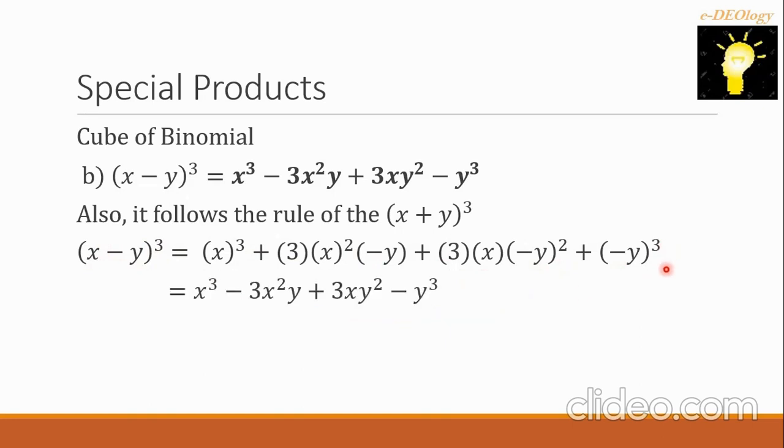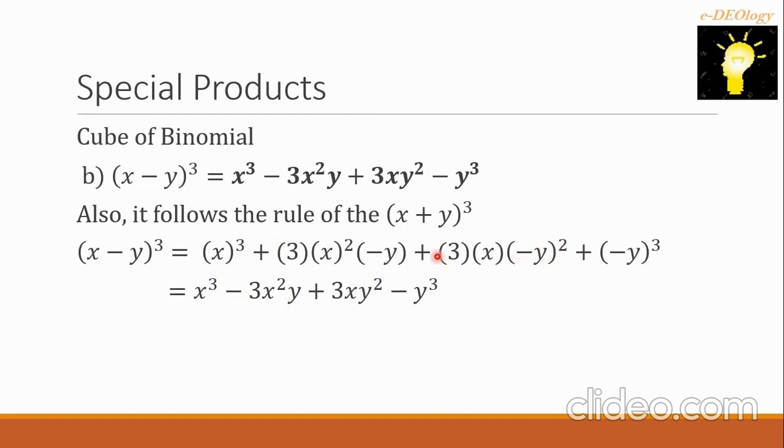Then let us simplify. The first term becomes x cubed. In the second term, the negative sign of the y will be placed in front, so we can see it becomes negative 3x squared y. In the third term, the negative y is squared, so the negative sign will go away.